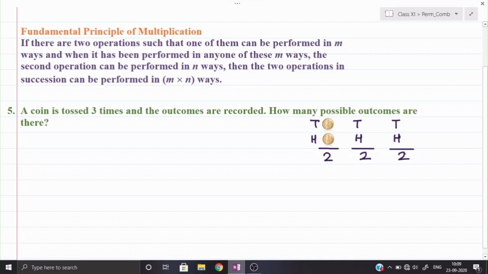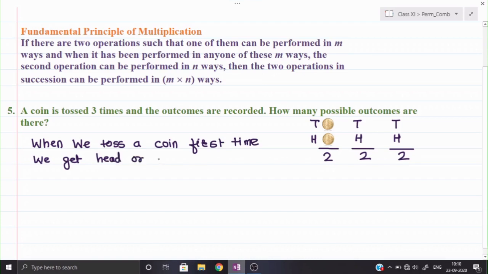Okay, so here we shall mention in the question: when we toss a coin the first time, we get head or tail.